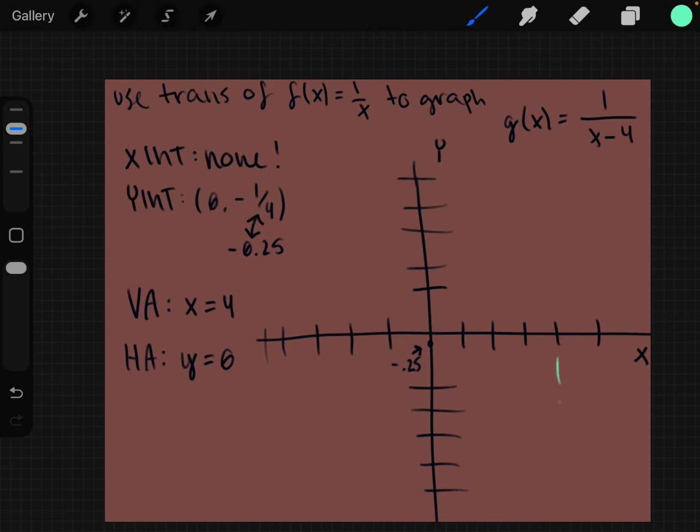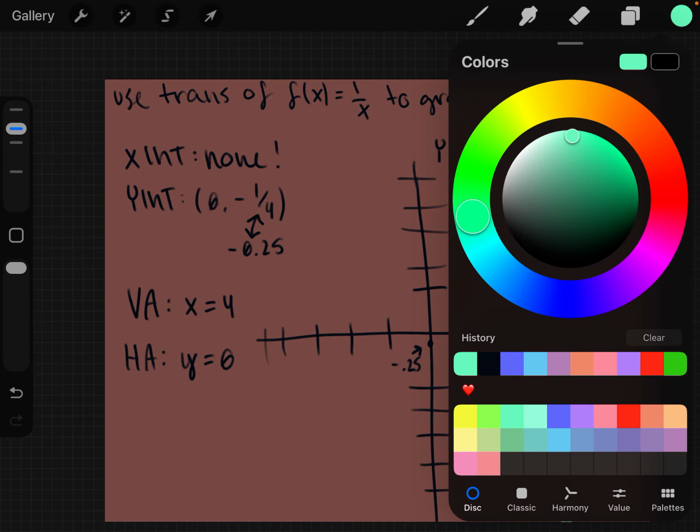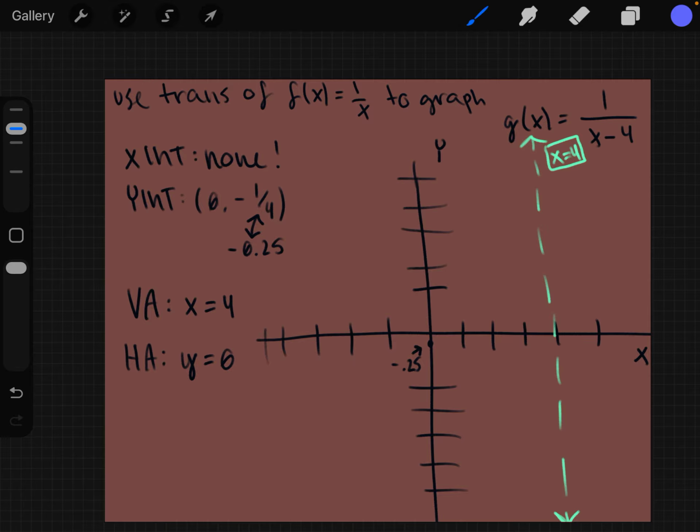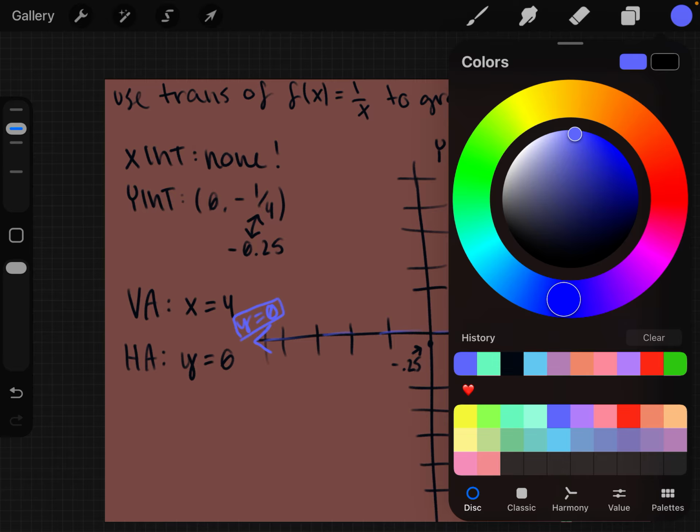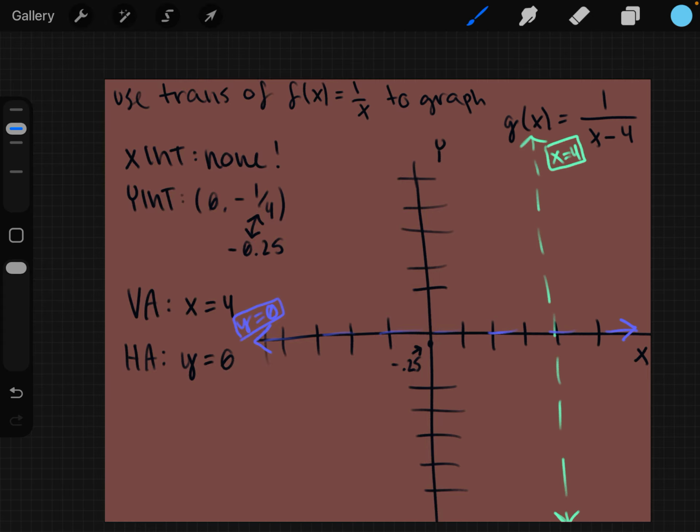X is equal to 4, and my horizontal asymptote. Lines get close to the asymptotes, but they don't touch.